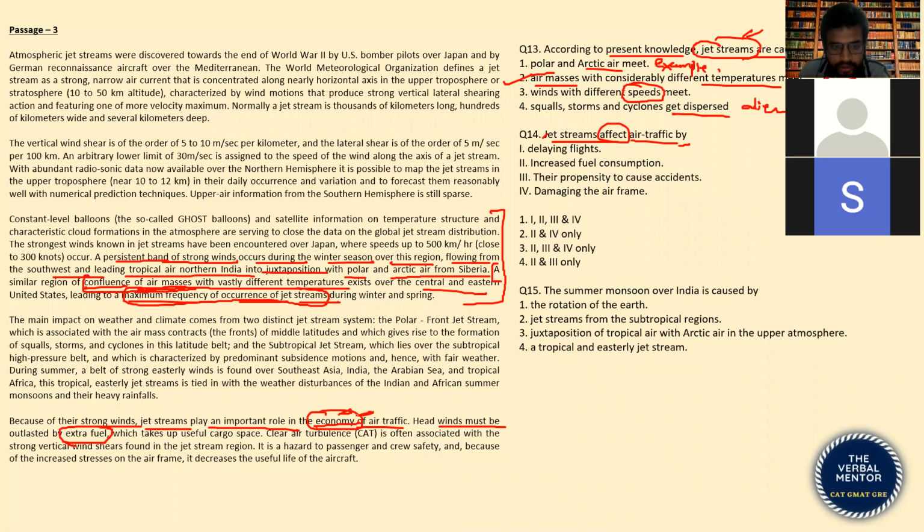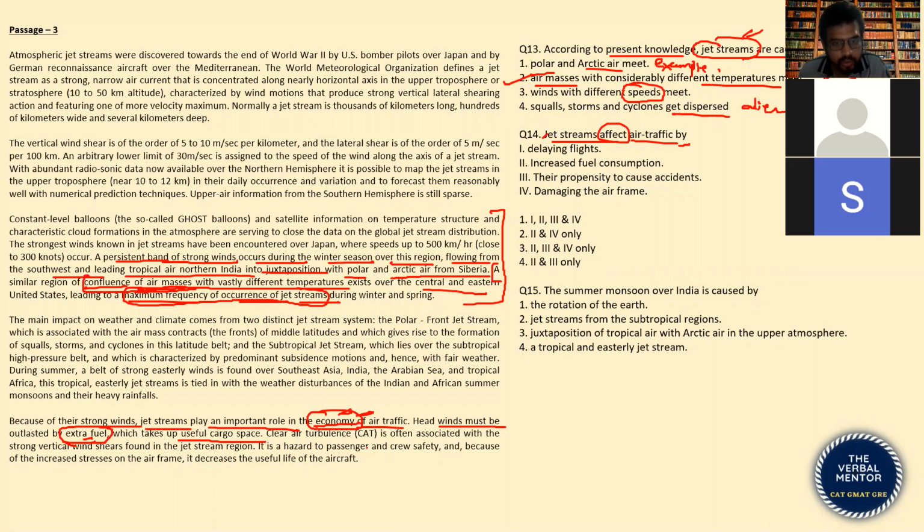Read between the lines. So they play an important role in the economy of air traffic, means they increase the operating expenses. Next line tells me that they do. Extra fuel is needed, which takes up useful cargo space also. So double whammy. One, extra fuel is needed. Second, that fuel occupies the space for cargo, so you can't even earn through cargo.